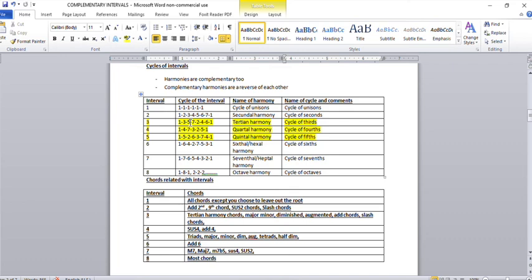For example, in the key of C, the sixth is A. You can have C slash A. That means A is in the bass. You've put the A in the bass of that chord, for some reason, maybe you want to change things. Maybe you're playing an A minor slash, so it will be C slash A.